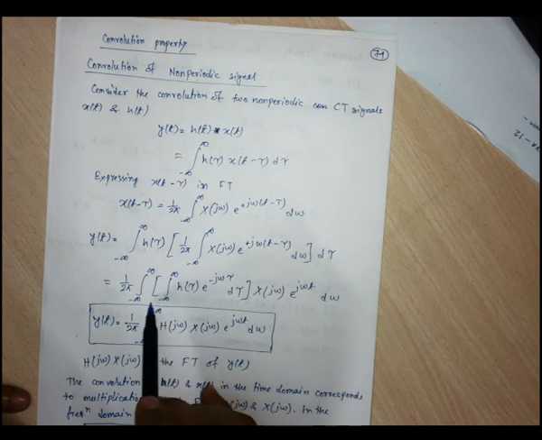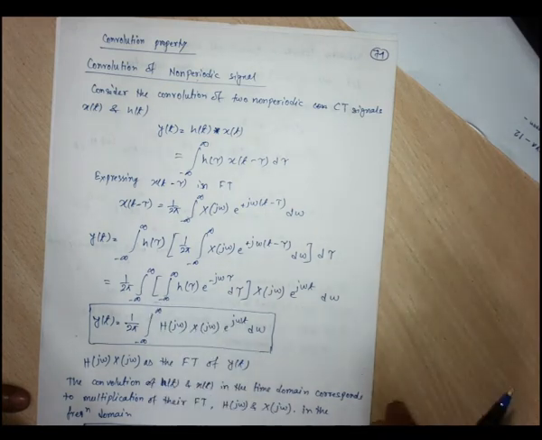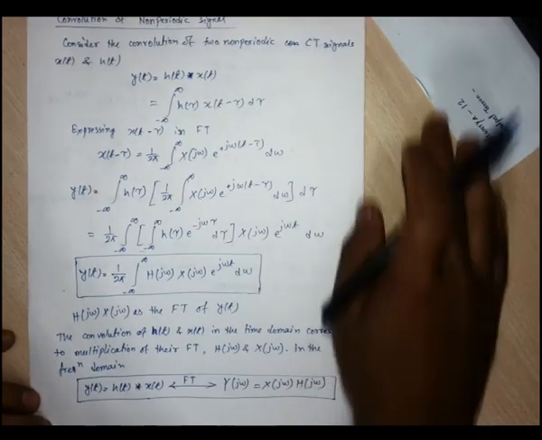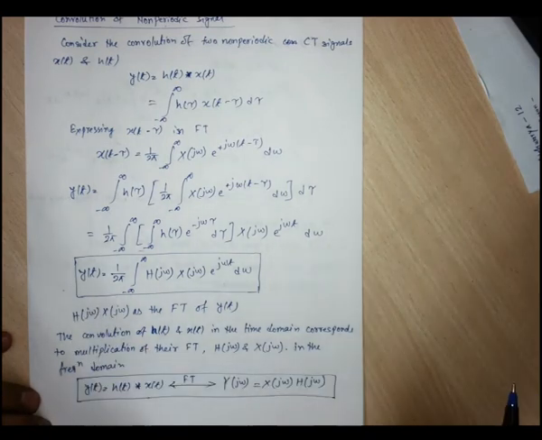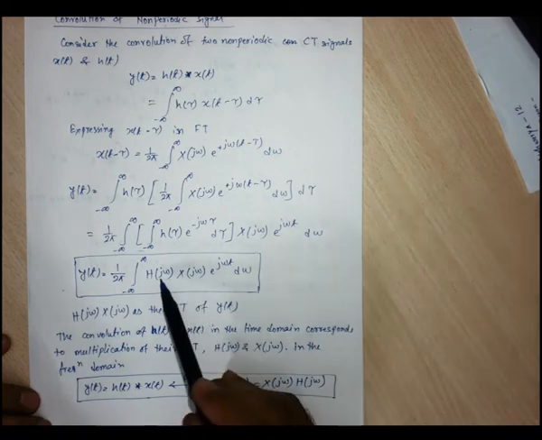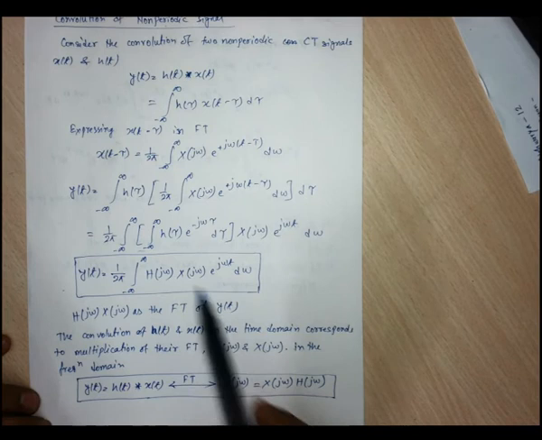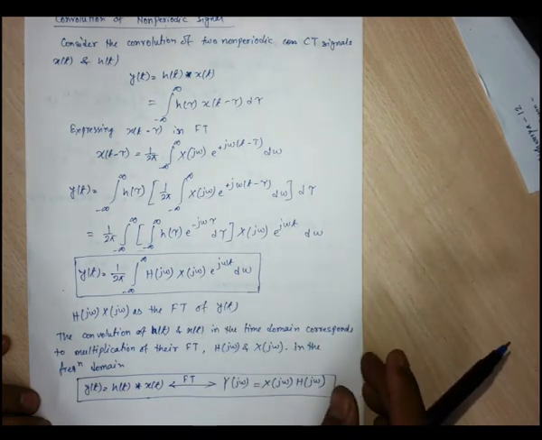This is the Fourier transform of h(τ), that is H(jω), and this is the Fourier transform of y(t), that is Y(jω). So Y(jω) is the multiplication of H(jω) and X(jω). Fine.